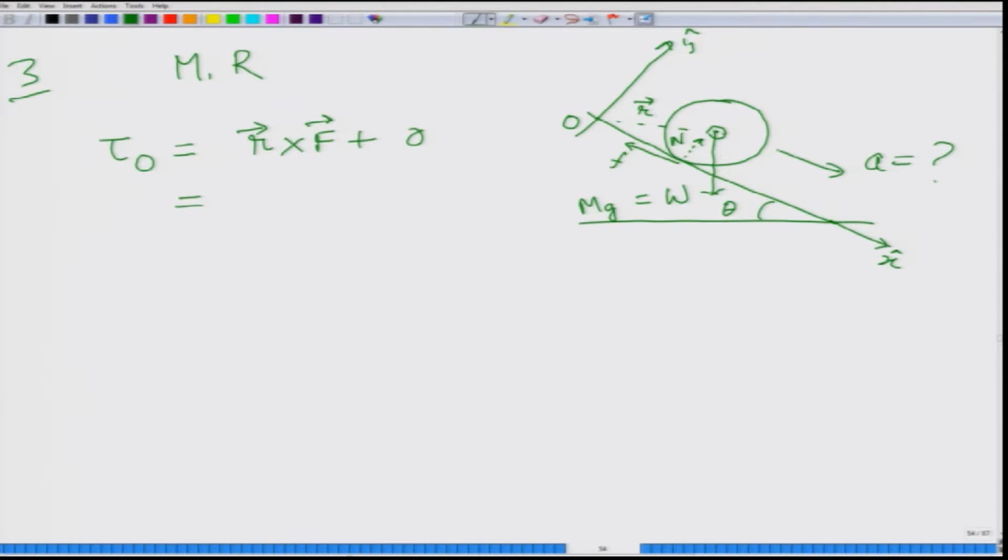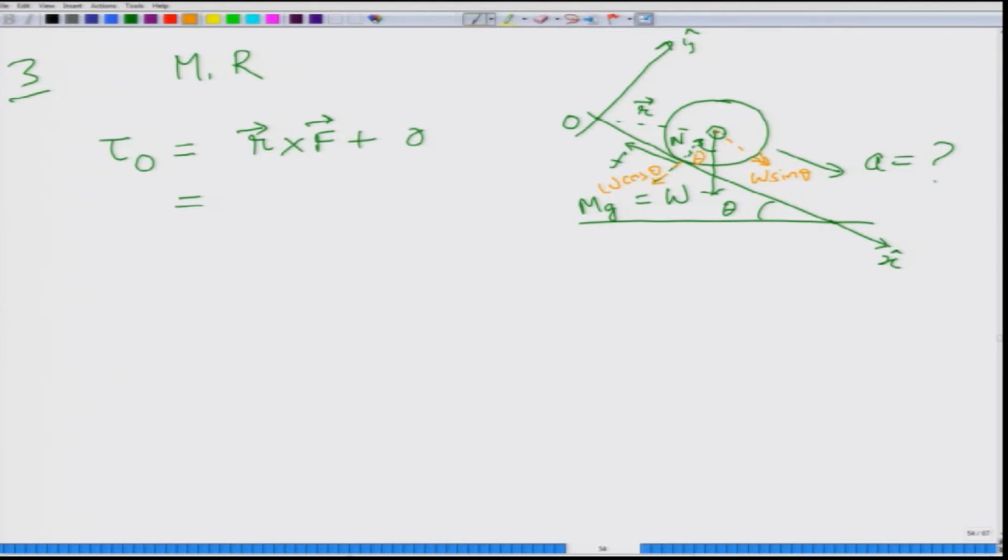So, this weight can be decomposed into components. This is theta. So, this should also be theta, right, here it is theta, and then this component of the weight will be W sin theta, and this component of the weight will be W cos theta. So, this W sin theta is actually trying to rotate it in this direction.